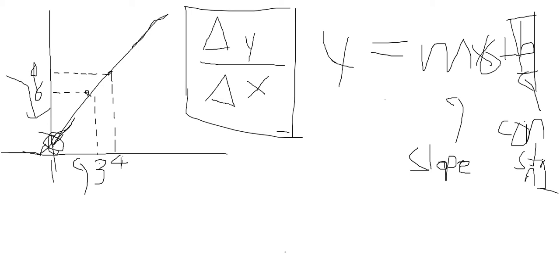Now, if you normally do it, you could just normally do it. 9 minus 6, which is 3 on the top. The bottom is 6 minus 3, which is 3.